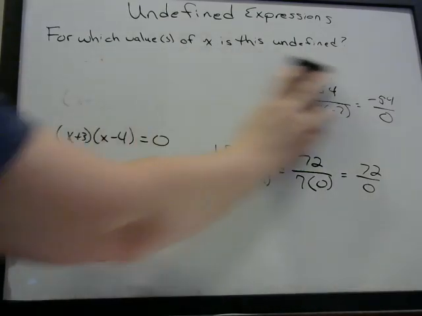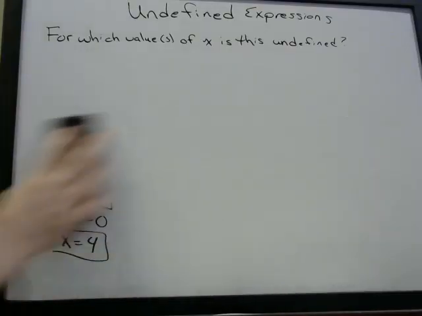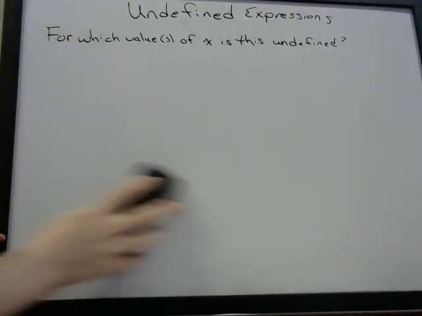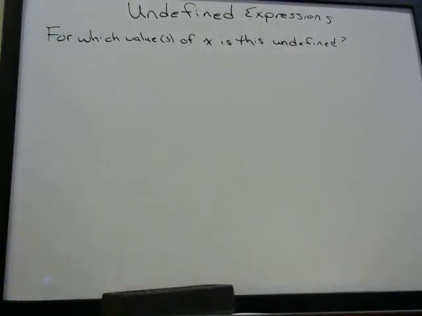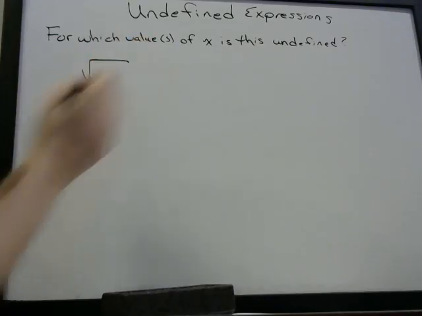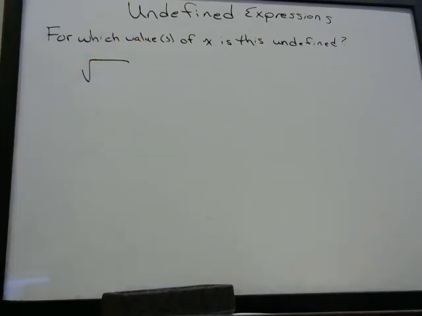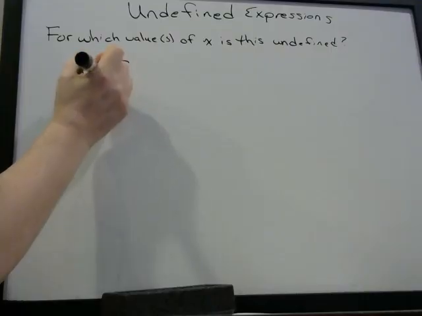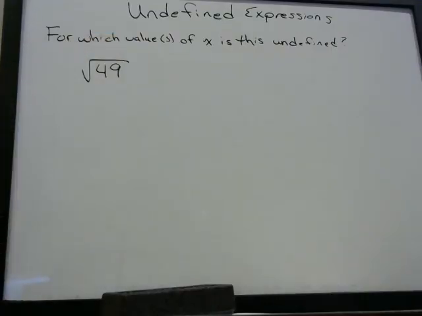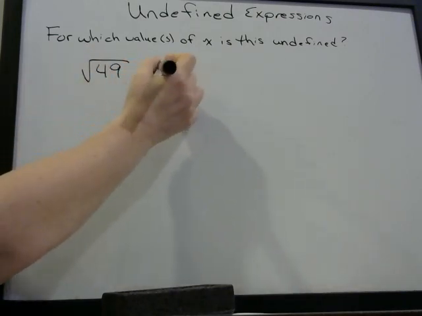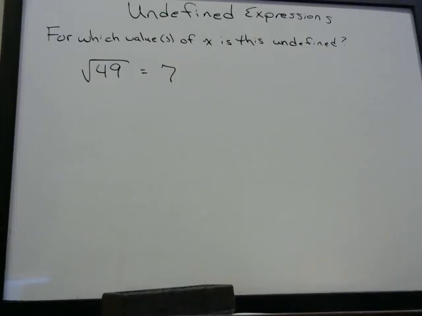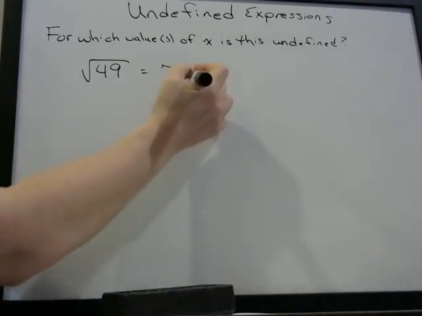The other type of problem you're going to get is you have to know that when we're dealing with real numbers, a square root cannot have a negative number in it. So if you don't know what square roots are, please watch that video on Facebook. So the square root of 49 is 7, or -7.